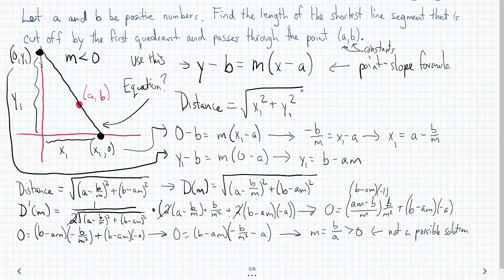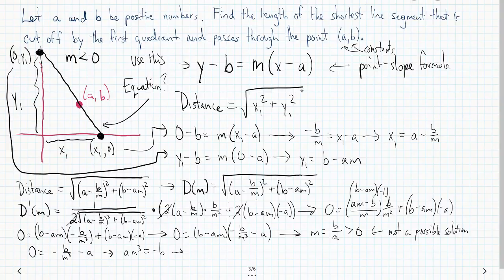Okay, so the other case is 0 equals negative b over m cubed minus a. And so another way to write that, move the a on over, and so you get a m cubed equals negative b.